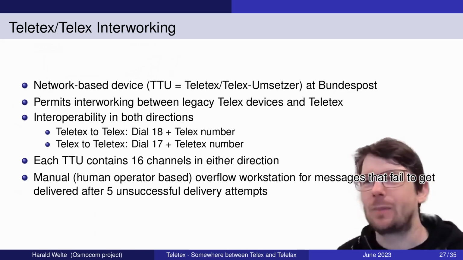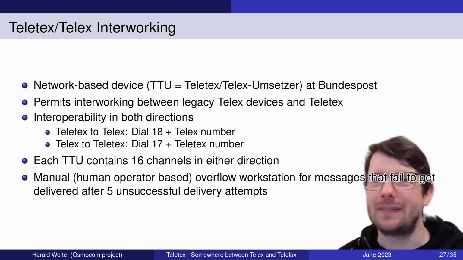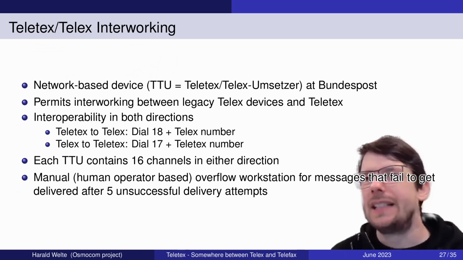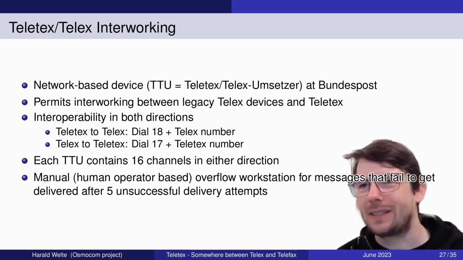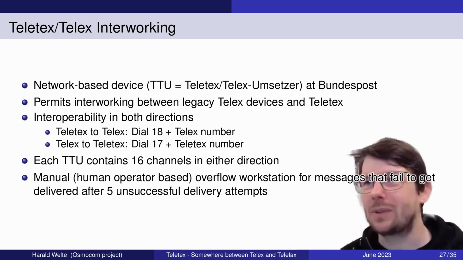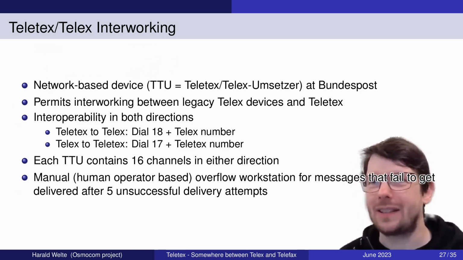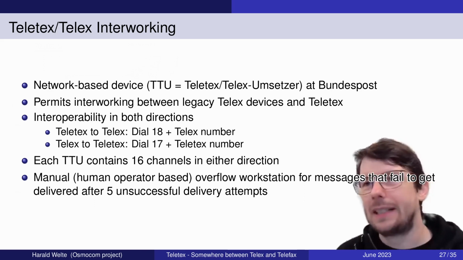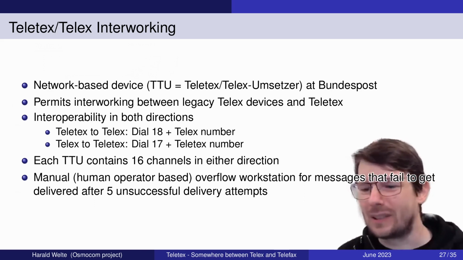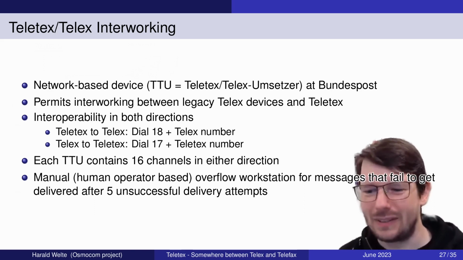And you had some special prefix to dial, 18 or 17, as a prefix to go from one end to the other. If you were sending a message from the more capable Teletex to the old Telex, you had to make sure not to include any characters that cannot be translated to the 5-bit character set, and also only limited line length.